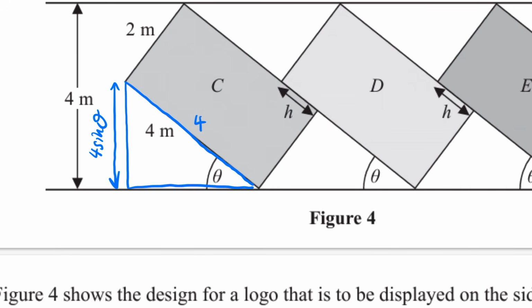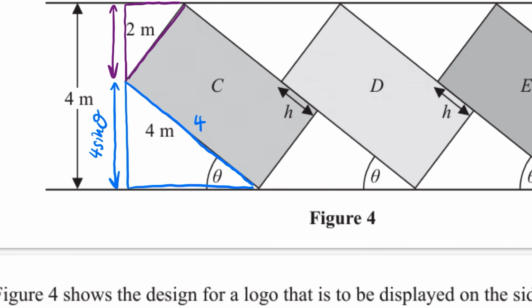Now I'm going to try and do the same thing with this triangle. If I can find out the length of this side, then I can say that these two things added together must be equal to 4, and hopefully that will get me to where I'm going. Now, if this angle is theta, this one would be 90 minus theta, and this is 90.